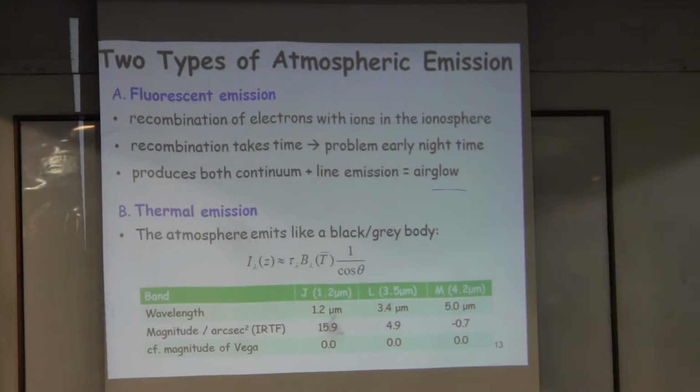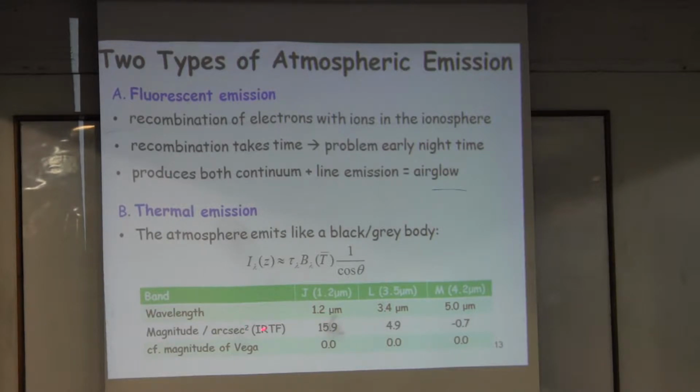Okay, and just to show you, I thought I'll calculate some numbers for you. These are near infrared wavelengths here. 1 micron, 3 microns, 4 microns. This is the magnitude per square arc second. I think you're familiar with magnitudes.